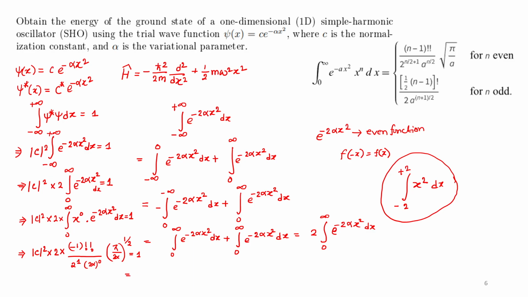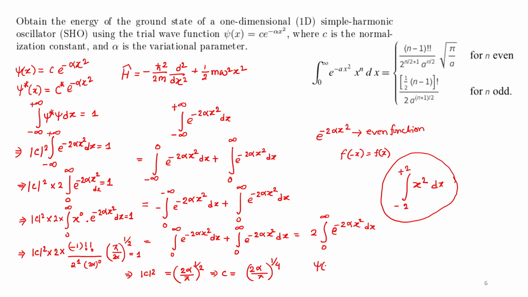And that leads to the 2 and 2 are going to cancel, and minus 1 double factorial is actually 1. So c square is going to be 2 alpha by pi to the power half. Obviously c is big, and there are no negative things, so you can write c equals 2 alpha by pi to the power 1/4.